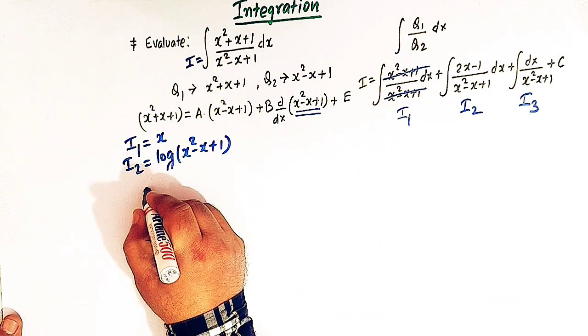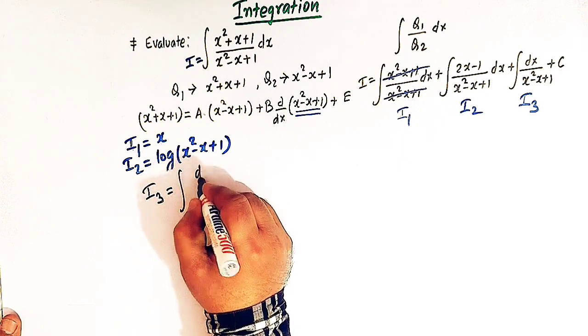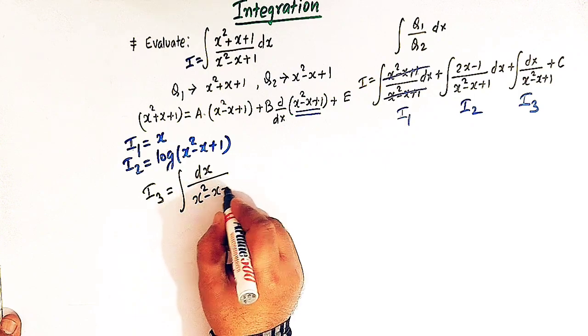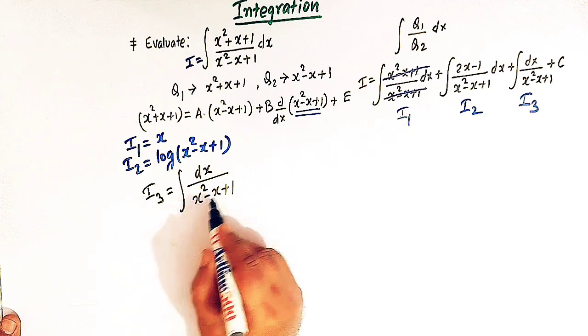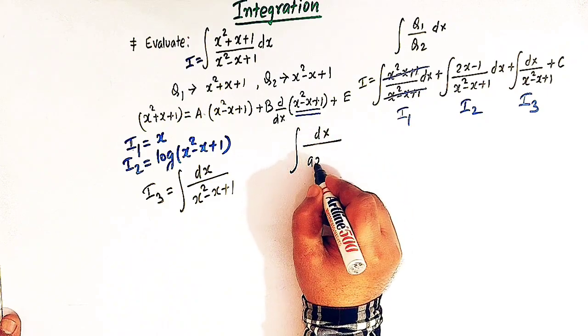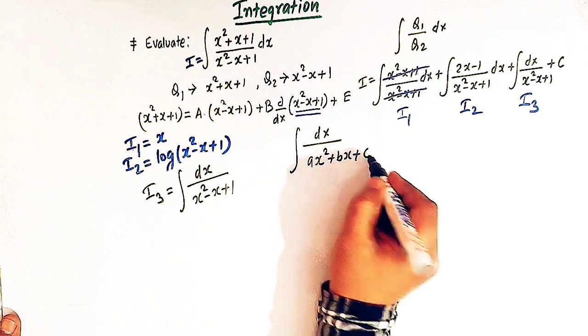So now consider the third integral, that is I3. So I3 is dx over x square minus x plus 1, and this integral is of this form, that is dx over ax square plus bx plus c.